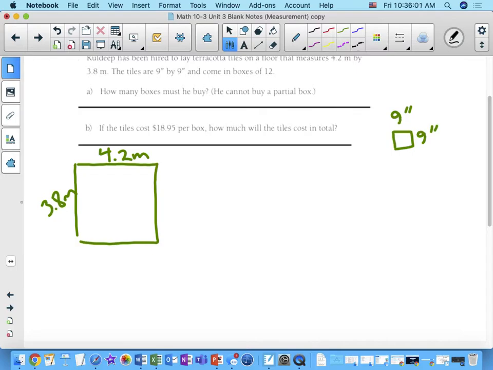Well, I'm not sure if there's a conversion factor for centimeters to yards directly. There's one that I can think of though. There's one other. Can we convert inches to meters? Let's see. We could convert inches to centimeters and then convert those centimeters to meters. Yeah, you could do that.